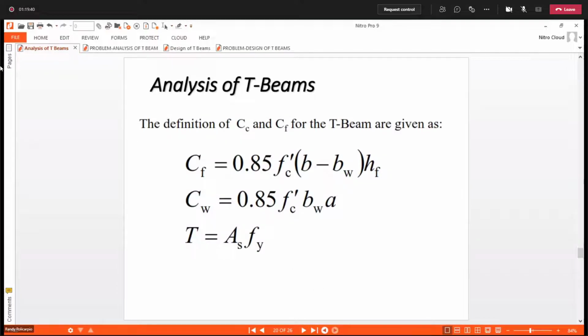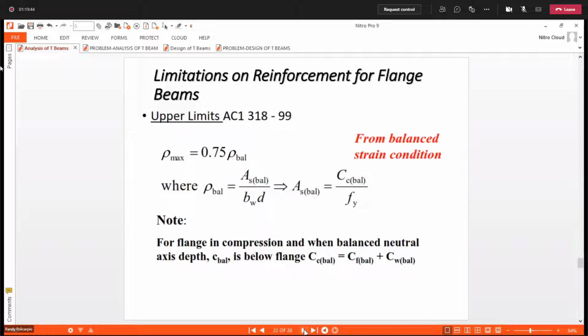Okay, so ito yung ating mga formula. So naulit lang dito. For the 1999 code, the determination of the ROMAX for T-beams, we have ROMAX equal to 0.75 raw balance.